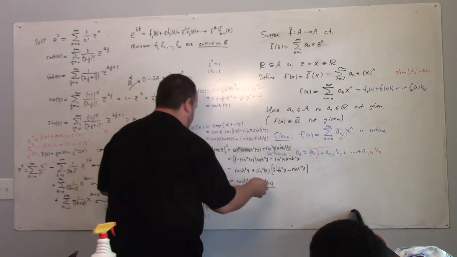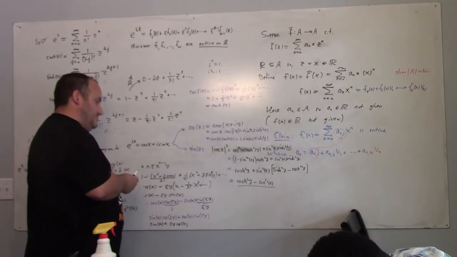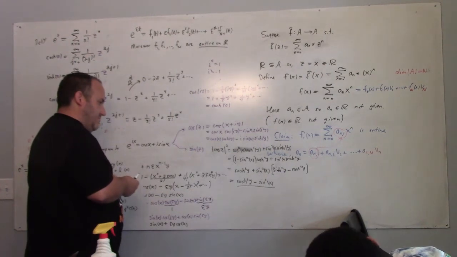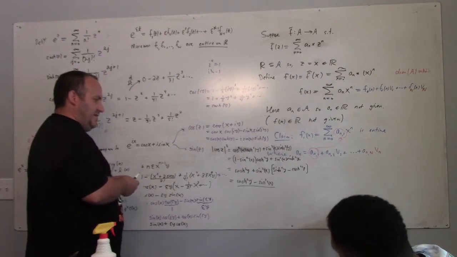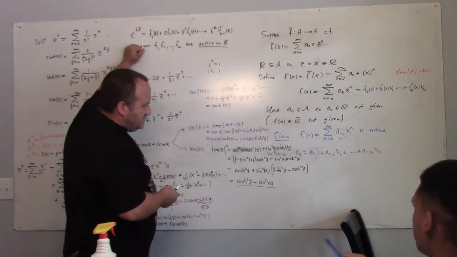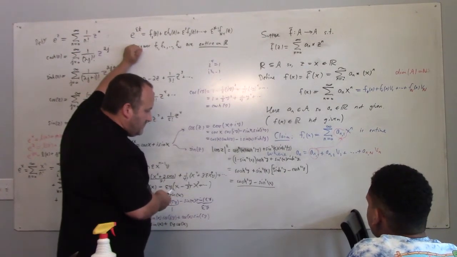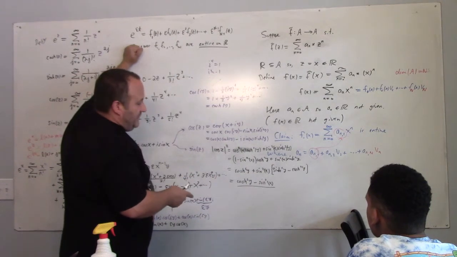And it's kind of a nice formula. Plus, no, minus. Man, I feel like I did something wrong here. Oh, it's fine. I was worried that this could be negative.